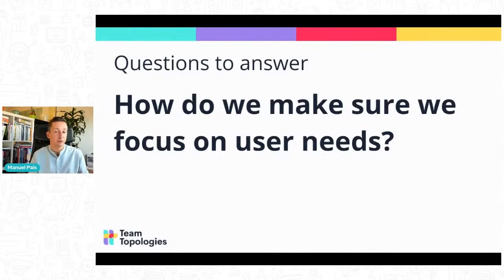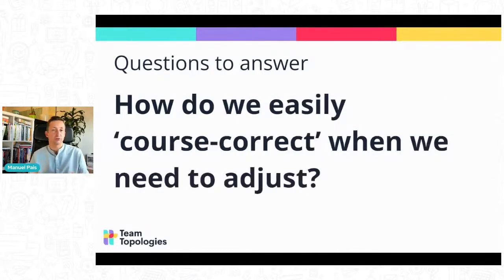How do we easily course correct when we need to adjust? Meaning, if we're trying to validate that changes we're making to our products and services meet user needs or help solve problems or fix things for users, how easily do we get feedback on, did we actually achieve that? Or did we just deliver more features and more changes without actually getting the feedback to understand if this made a difference?